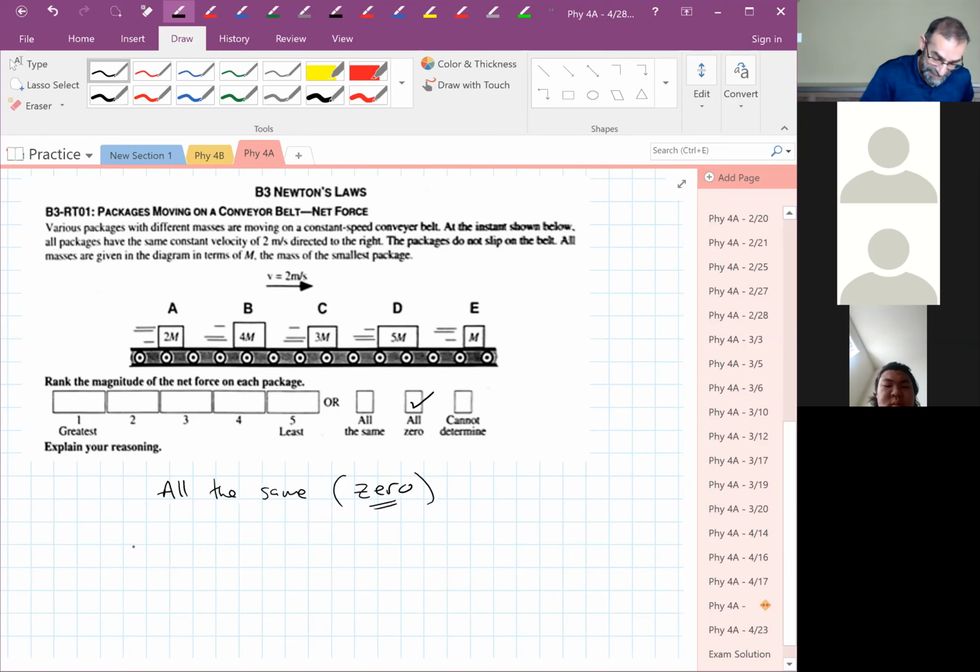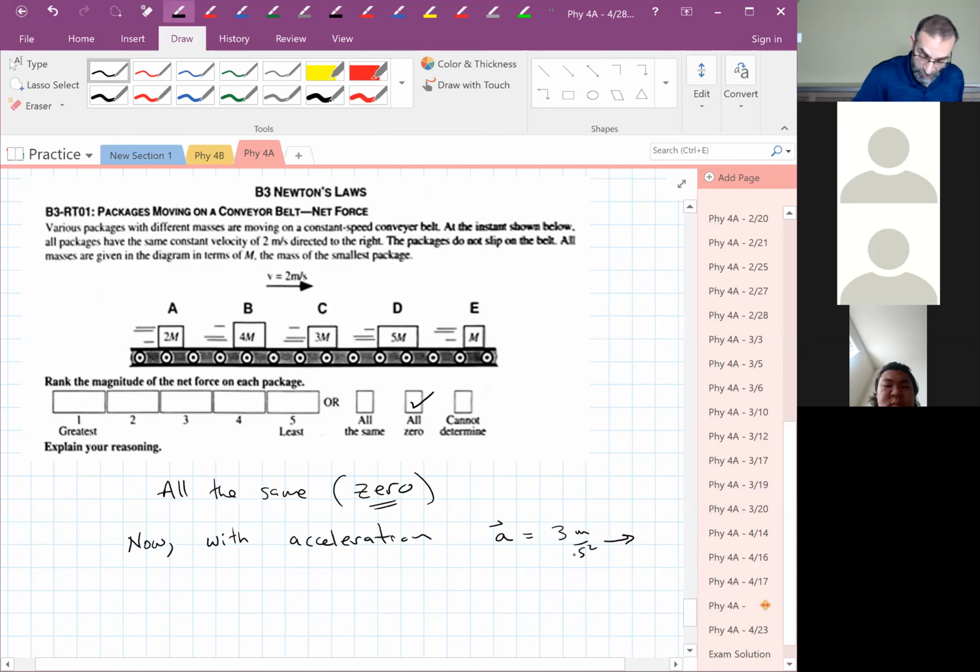Now, let's change it up a little bit with acceleration. So the acceleration will be 3 meters per second squared to the right. At this instant, the velocity is 2 meters per second to the right, but there's acceleration also.